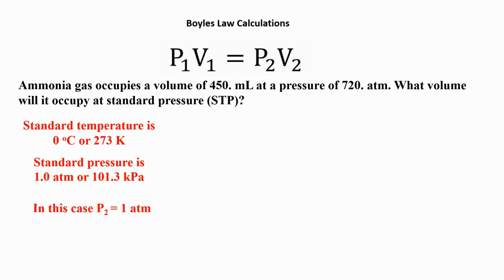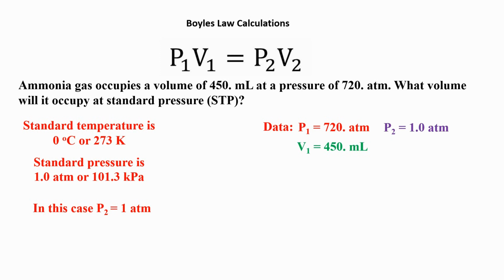In this case, P2 is equal to 1 atm. So in the data we may write P1 is equal to 720 atm. V1 is equal to 450 milliliters.